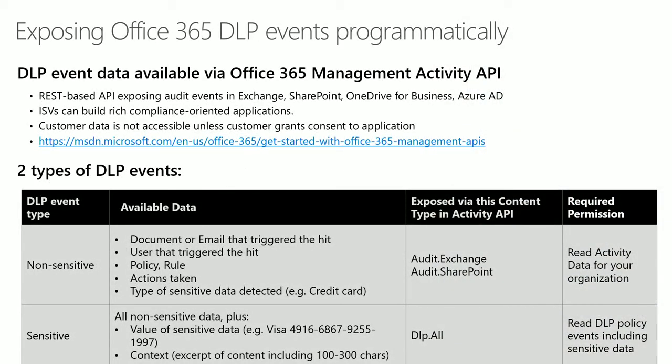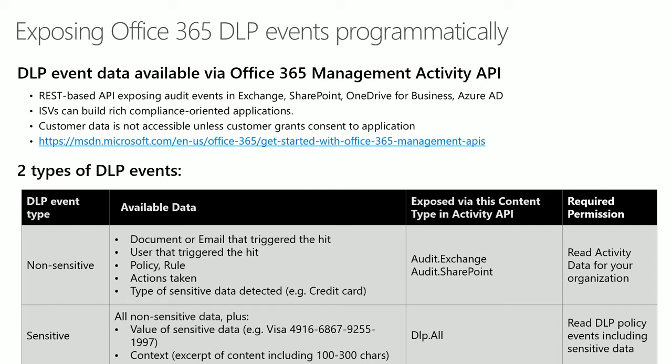Here, you have two different kinds of DLP events that you can subscribe to. One is non-sensitive. If you subscribe to this particular DLP event type, all you will get to know is that 5 credit card numbers were caught, without being able to know what those credit card numbers were.